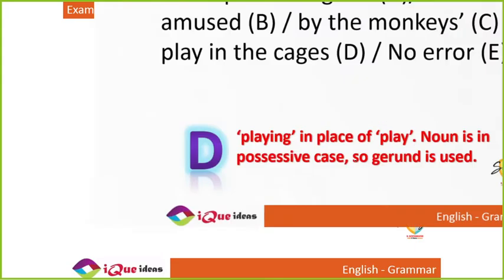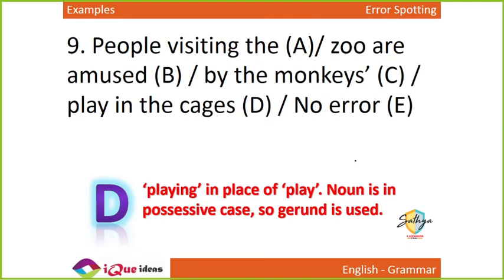Okay, the rule which is given, see, a noun is used in the possessive case, right? The noun monkeys, that apostrophe indicates the possessive. So the gerund is the ing form. Anything with ing is the gerund form. So whenever a possessive is used, the gerund form of the verb must be used. Do you get that? Right?